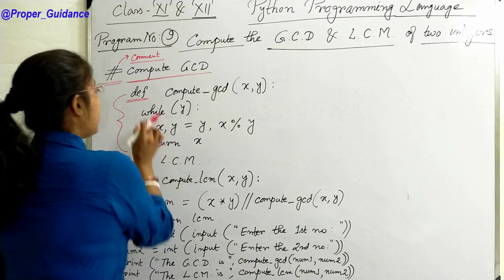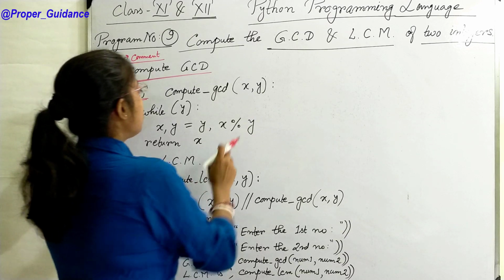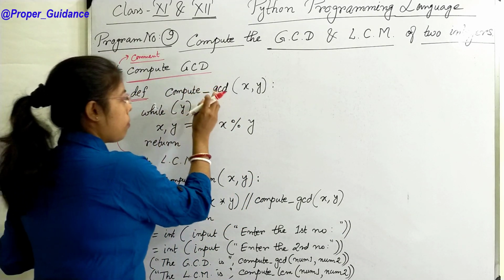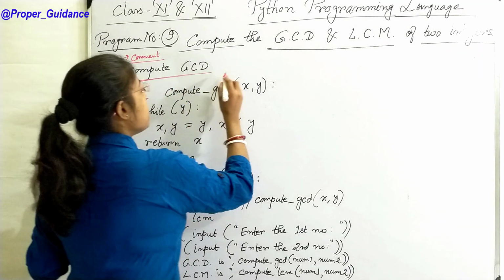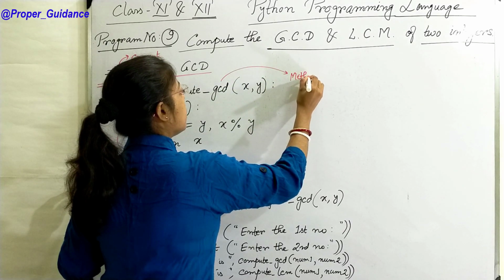Now see, def, what is this? This is a keyword used in Python programming language for definition of a method. This is used for defining a particular method.